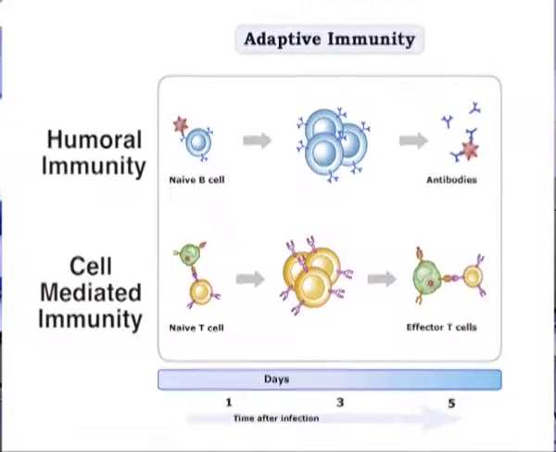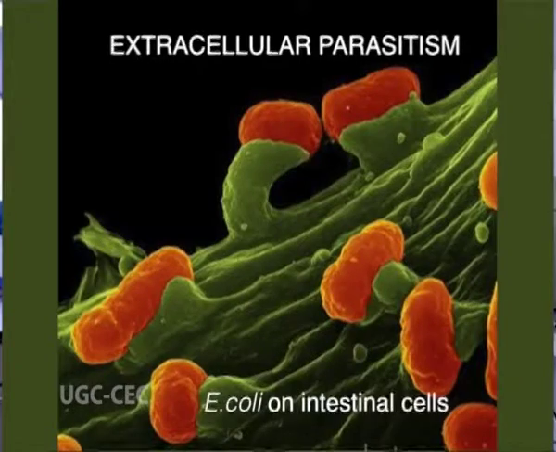Production of antibodies provides humoral immunity, and sensitized T cells provide cell mediated immunity. Humoral immunity takes care of infectious agents which are present outside the cells, for example, bacteria, viruses or toxins present in blood or body fluids, that is, in case of extracellular parasitism.